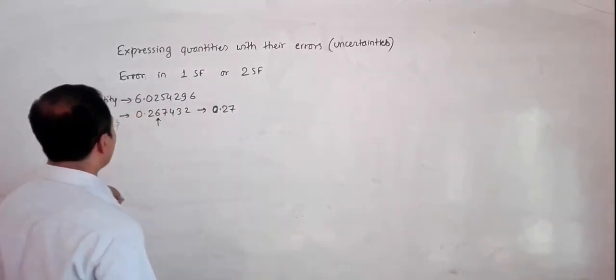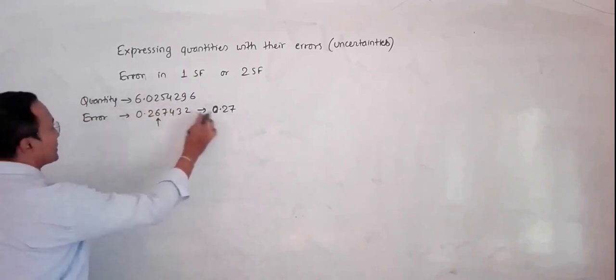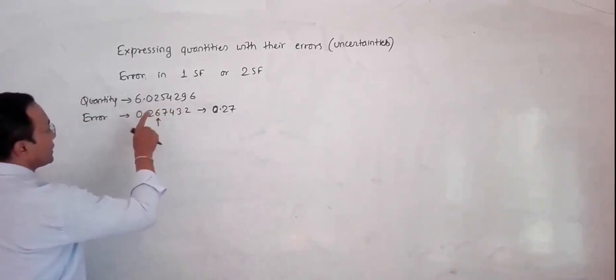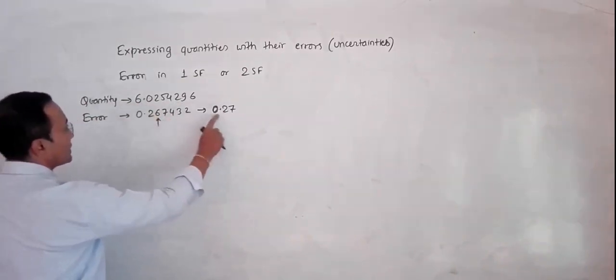Now, up to which digit should I write the quantity? So I have to calculate. The error means that this quantity can be more by this, or this quantity could be less by this.